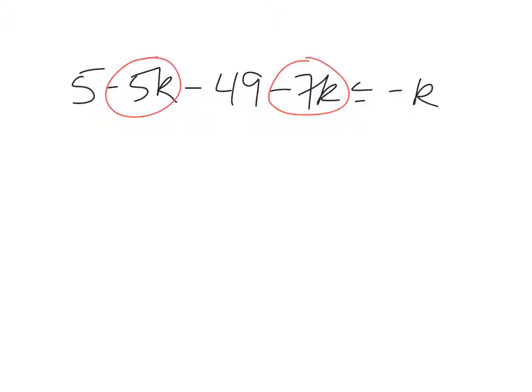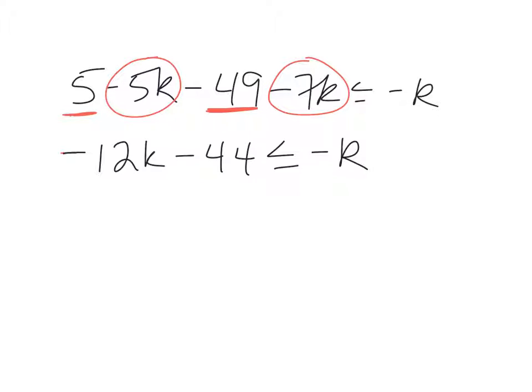You don't have to, but it's a lot easier to keep track of what you're doing if you do that. And then I also have this 5 and this negative 49 that I'm going to put together. So negative 5k and negative 7k give me negative 12k, and 5 minus 49 is negative 44. And just write down the rest of that.